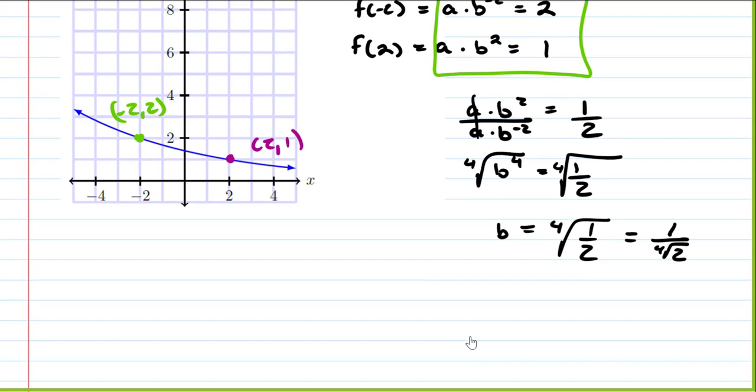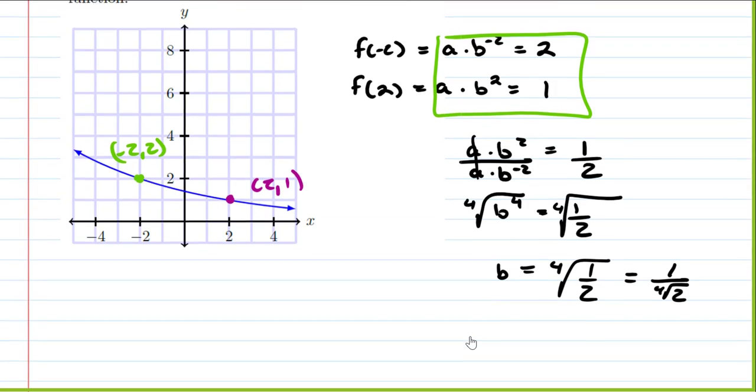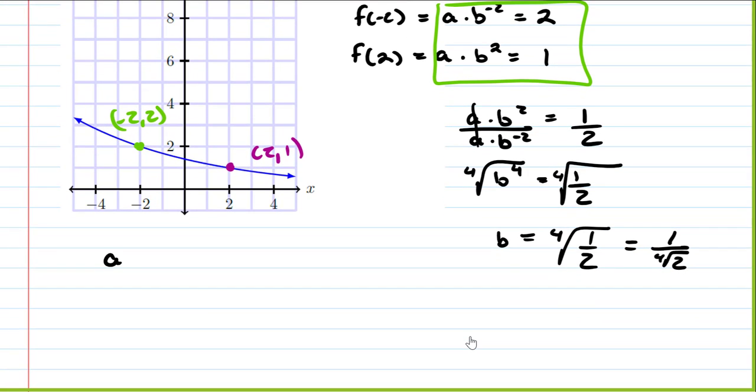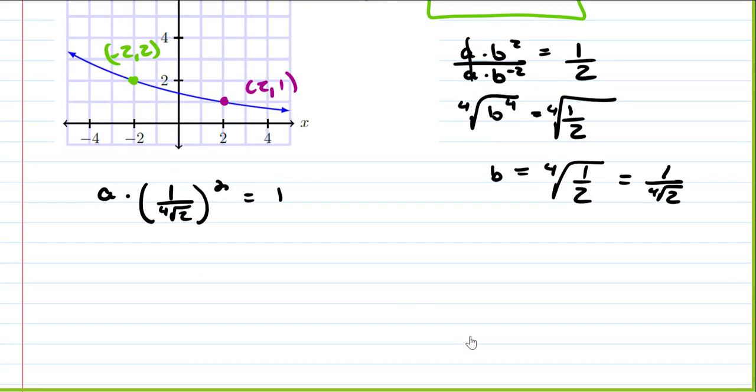And now that we have our b value, we can plug back into either equation. So that gives us a times 1 over the 4th root of 2 squared is equal to 1. That gives us a times 1 over the 4th root of 4 equals 1.